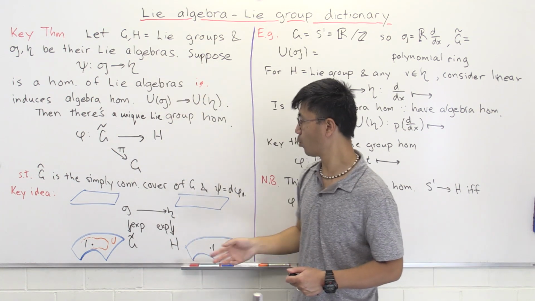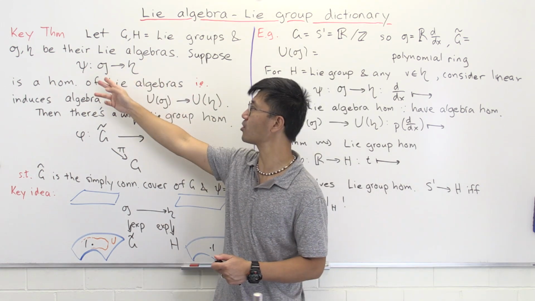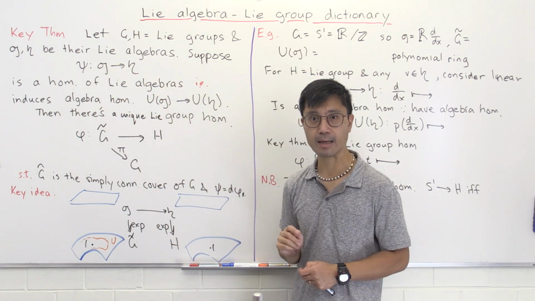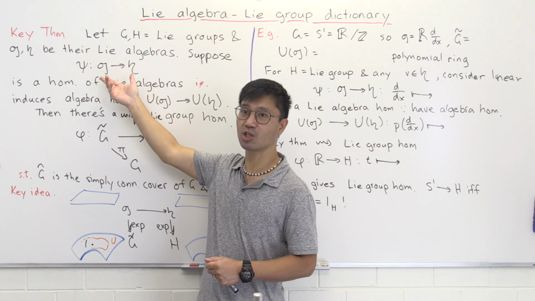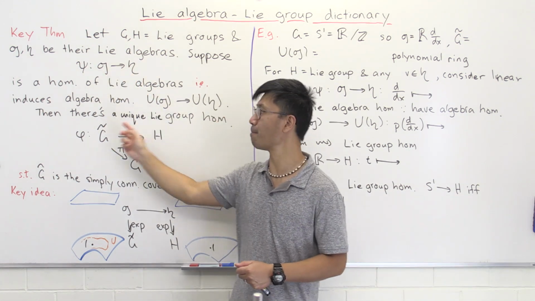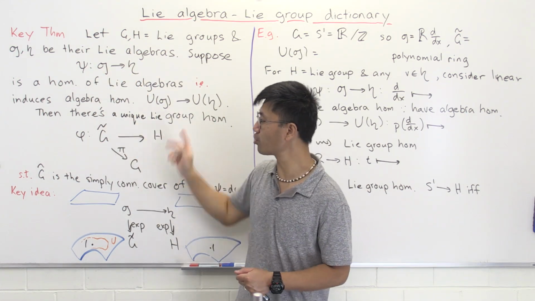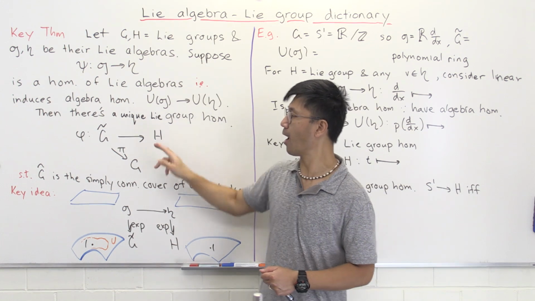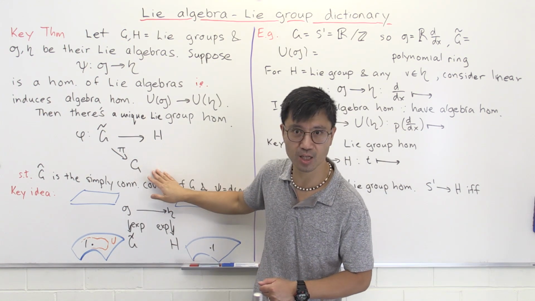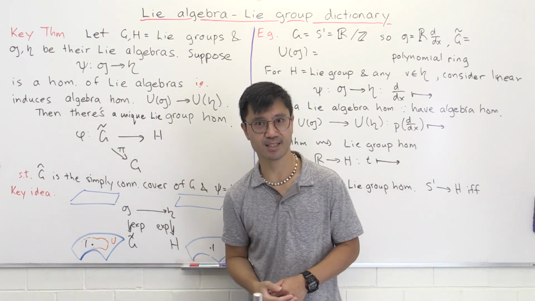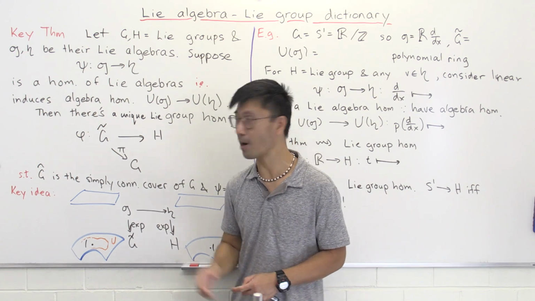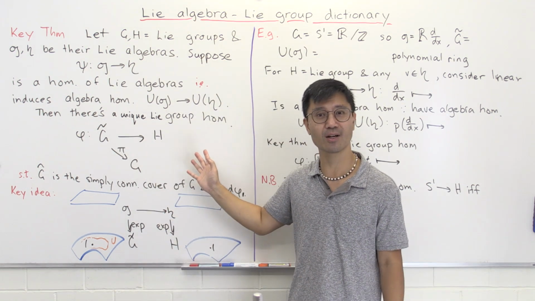In other words, we think of this as a map on tangent space, this psi, and what we're saying is that we can actually realize this as the derivative of some map of Lie groups. It's not of the original Lie groups G to H. Unfortunately, you may have to alter the G a little bit to its simply connected cover, G tilde, but otherwise it's about as good as you can get.